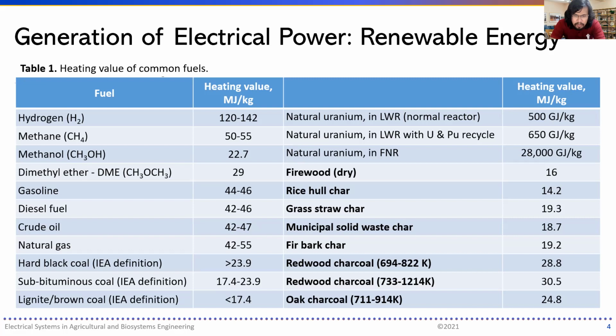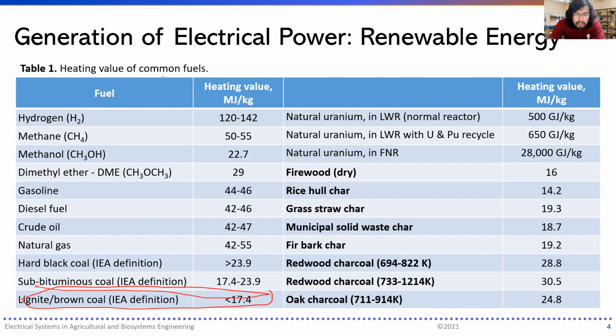Biomass is considerably lower in heating value per kilogram, except for the low quality coal, as shown in the last one, the lignite or the brown coal. These are low quality coal. And increasing the operating temperature of coal likewise increases the heating value.